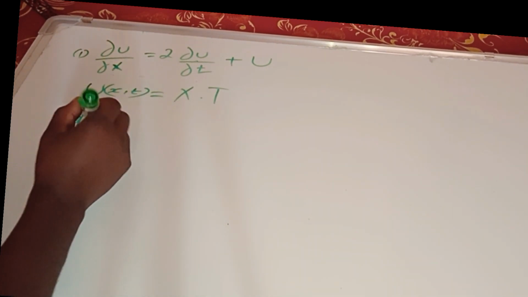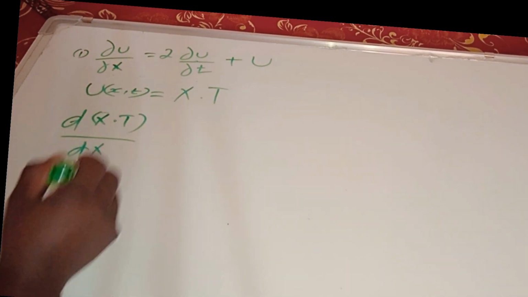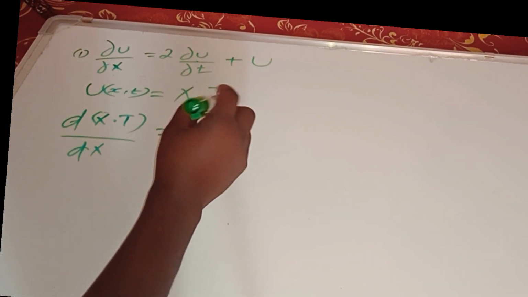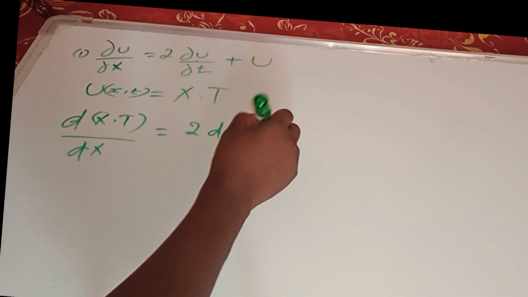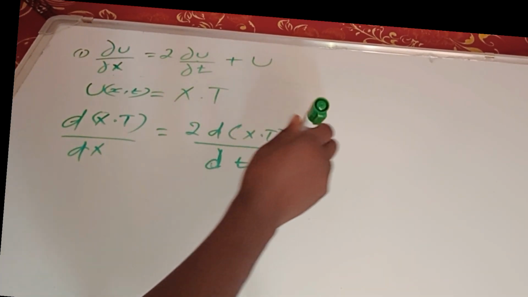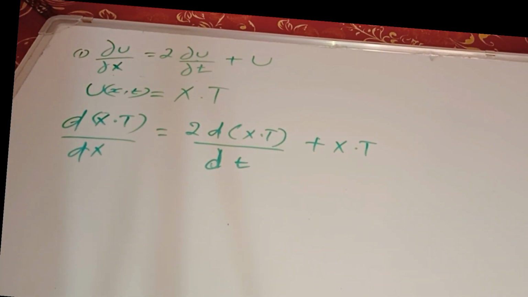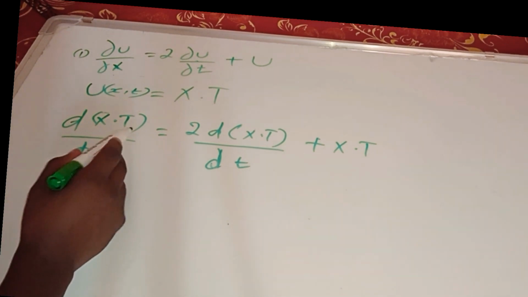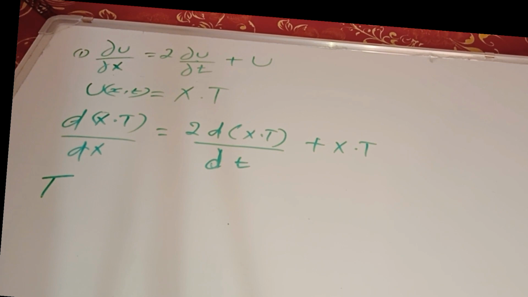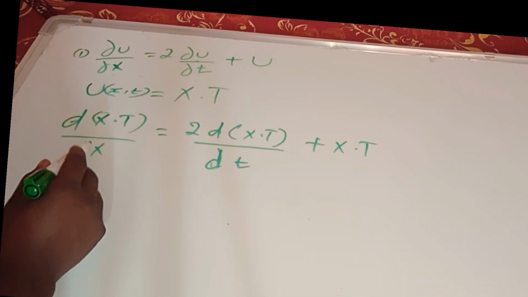So d(xt)/dx is equal to 2 d(xt)/dt plus xt. Okay, now from this, factor out t, and you remain with dx over dx.